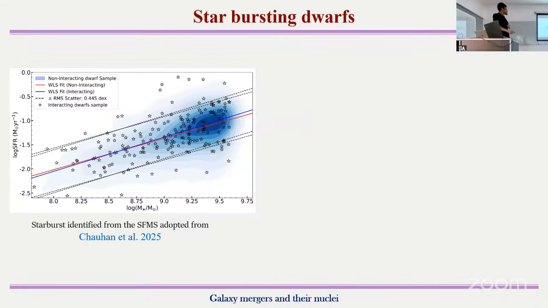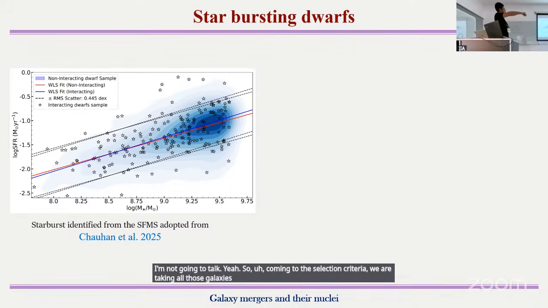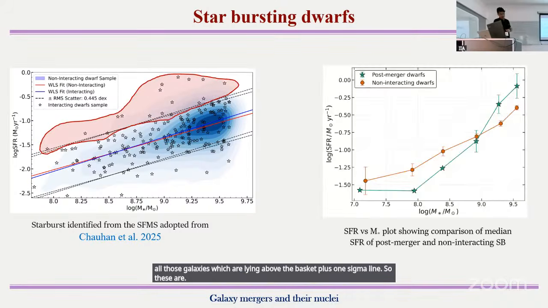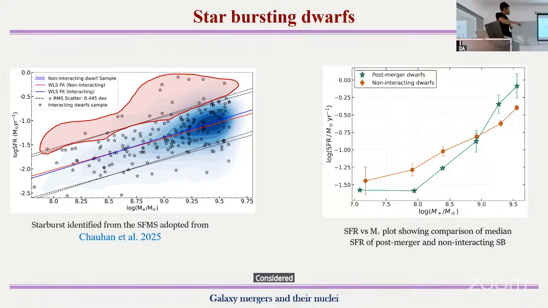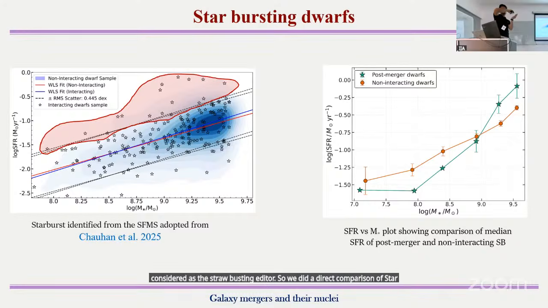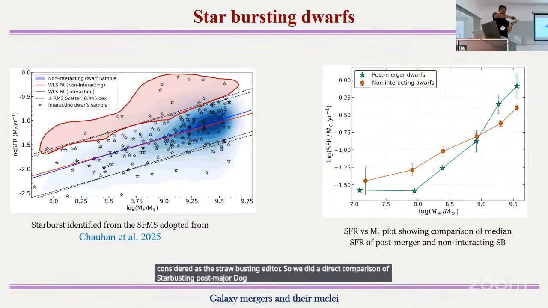So coming to the selection criteria, we are taking all those galaxies which are lying above the main sequence plus 1 sigma line. These are considered as the starbursting galaxies. So we did a direct comparison of starbursting post-merger dwarf galaxies and starbursting non-interacting galaxies. We did not find any particular signature.